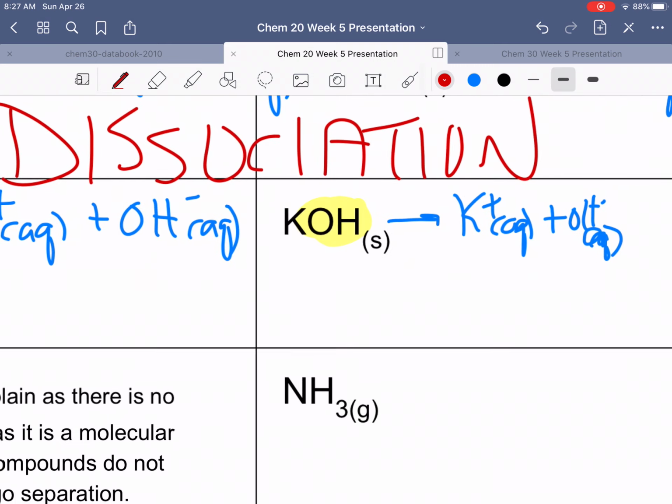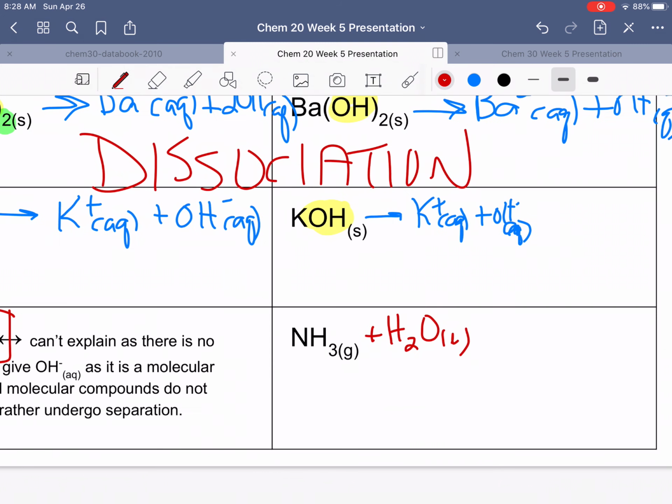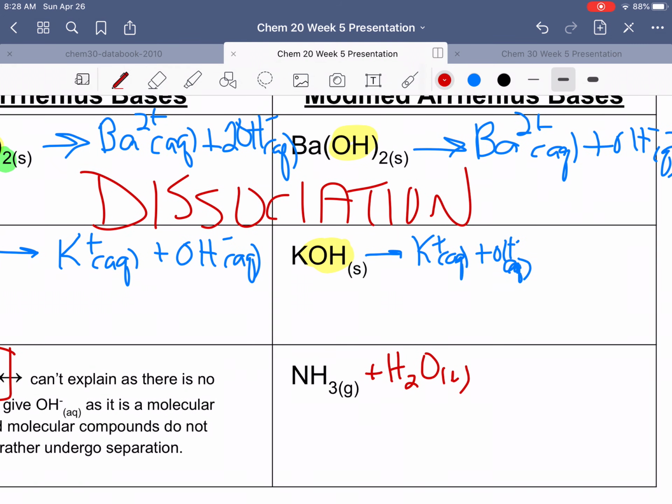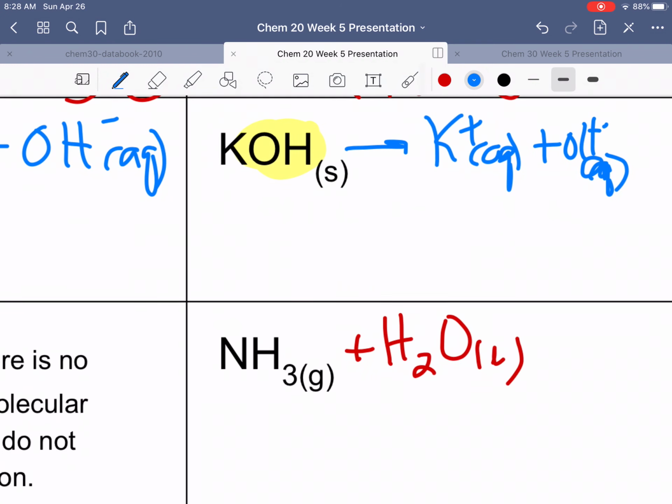The way we do this is not dissociation, but remember type 2, reacts with water. That's key. Now, if you think back to what water is, guys, I can rewrite water as HOH. It means the exact same thing. And when we're focused on a base's reaction with water, there is still a proton transfer, but it's going the other way.